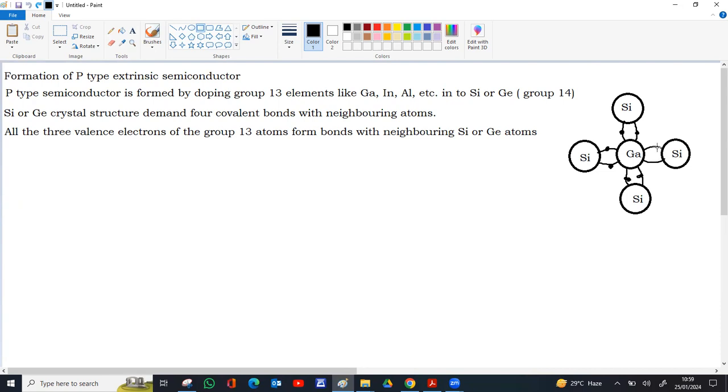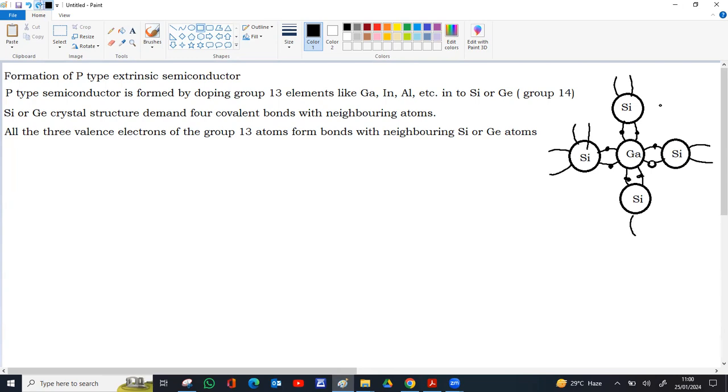In the 4th bond, since the gallium group 13 atom has only 3 valence electrons, which are already involved in bond formation with these 3 neighboring silicon atoms, there is only 1 electron due to silicon. There is an absence of 1 electron because gallium doesn't have 4 electrons. So that absence of an electron can act as a hole.